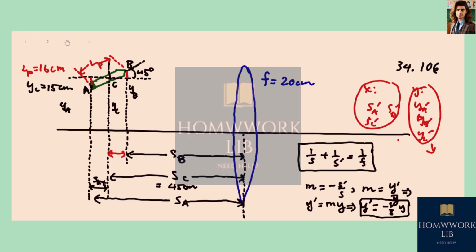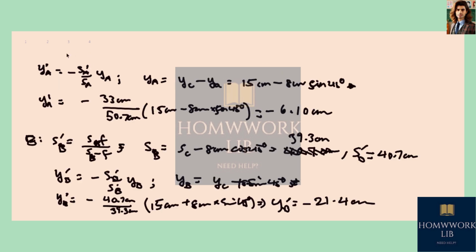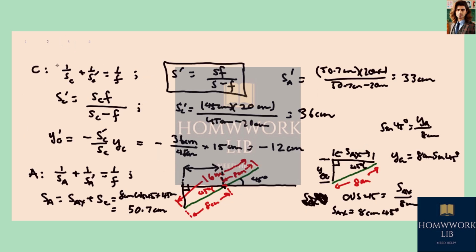So let's write that here. So that's SA prime minus SB prime. And my delta Y is YA prime minus YB primed. Okay, and these numbers we have calculated over here on this page and on this page.